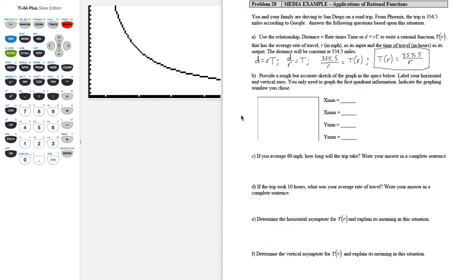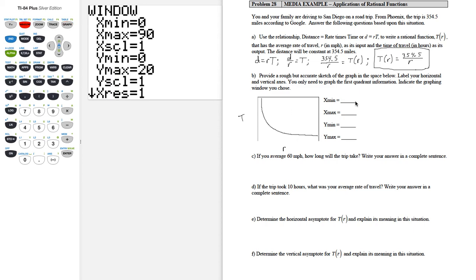So time is my vertical axis, rate is my horizontal axis, and I'm going to draw this graph looking something like this. Let's go back to window. I had 0 to 90 and 0 to 20. So this is really r, and this is really t. All right, let's go back to graph.